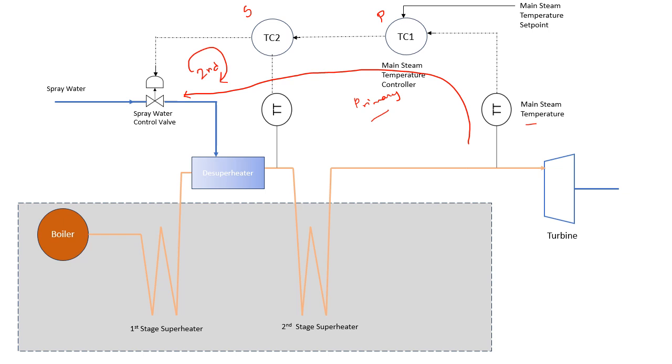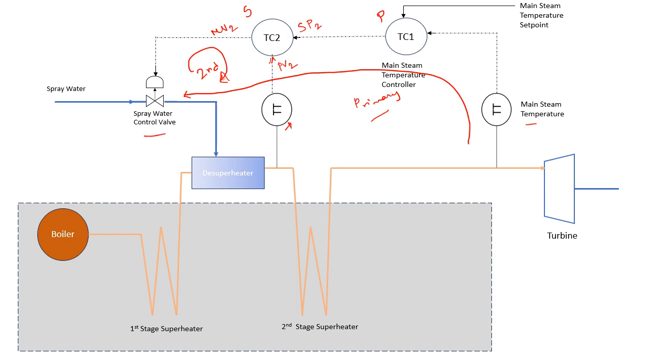That's why the secondary loop is constructed, and this loop is much faster, because this temperature change can be easily detected by this temperature transmitter, and that gives the process variable to this controller. The output of the TC1 acts as a set point for the TC2, and this gives the final manipulated variable to the spray control valve.